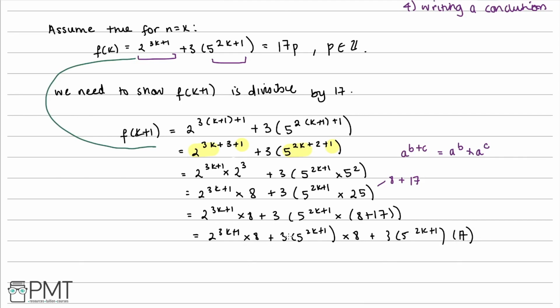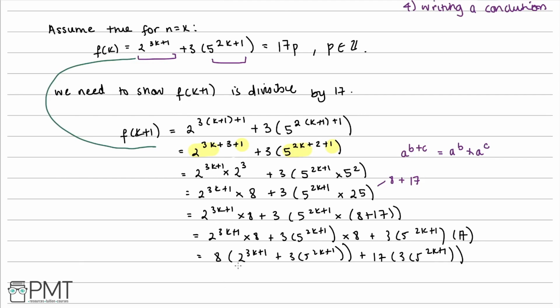And thus you can notice that there is an 8 times 2 to the power of 3k plus 1 and an 8 times 3 times 5 to the power of 2k plus 1. And as they both share a factor of 8, you can factorize that out to give you 8 times 2 to the power of 3k plus 1 plus 3 times 5 to the power of 2k plus 1, plus 17 times by 3 times 5 to the power of 2k plus 1.